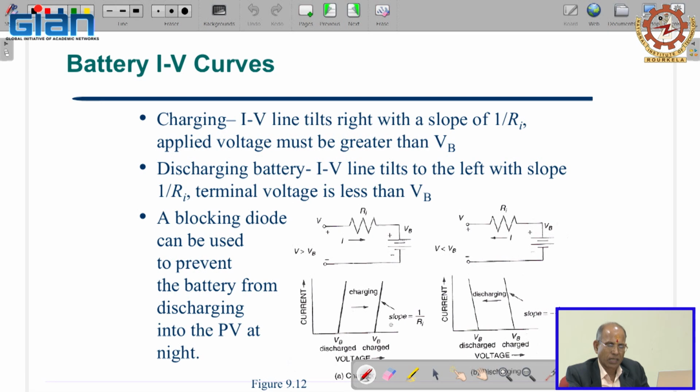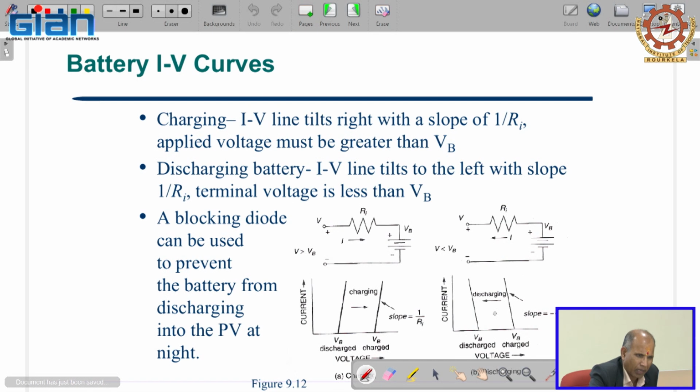During charging they are tilted slightly clockwise, on the right side, whereas during discharging it is tilted slightly to the left side. So this is the IV characteristic of the battery.